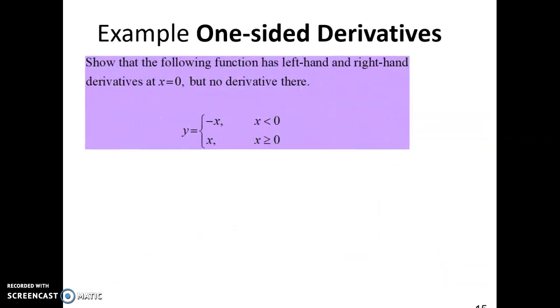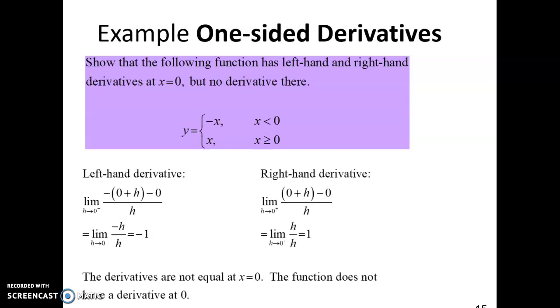Here's an example of the one that we did with absolute value. If I were to actually show you the proof that the left and right hand derivatives actually don't agree here, if I use the limit definition of the derivative on this formula, I would get -1. If I did the right-handed derivative on here, I would get +1.